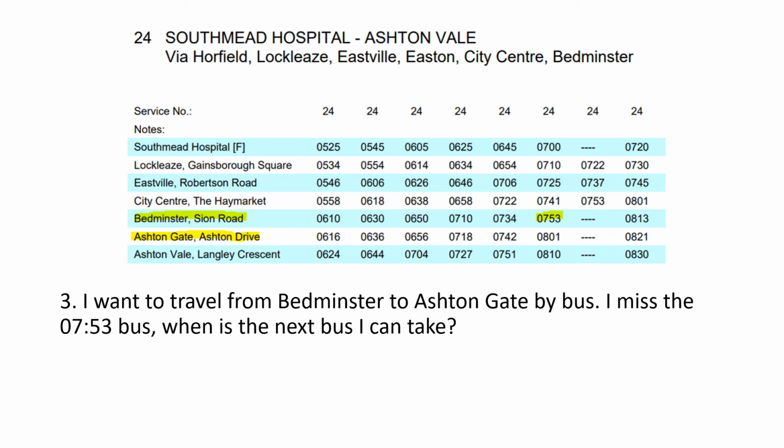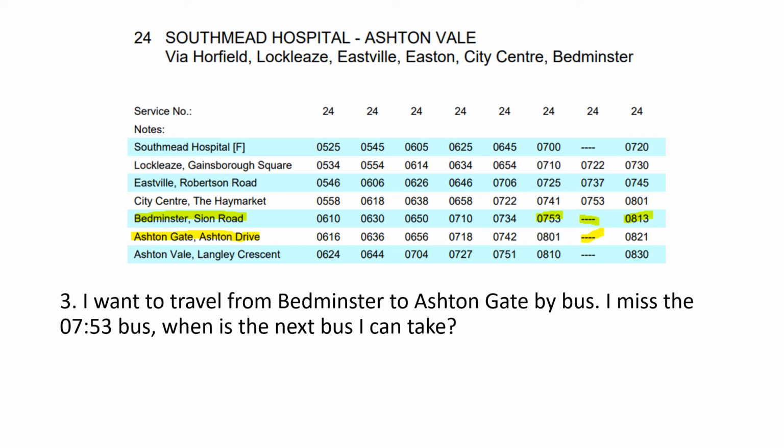So the next bus, I would look to the next column, but there is nothing in the next column because there is no bus at this time from Bedminster. So I would have to wait until the 8:13 bus to Ashton Vale. The middle bus doesn't have a stop at Ashton Gate either, so there is nothing in this column.